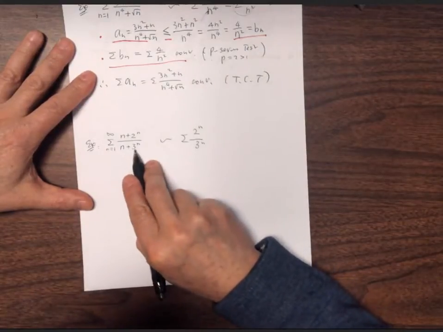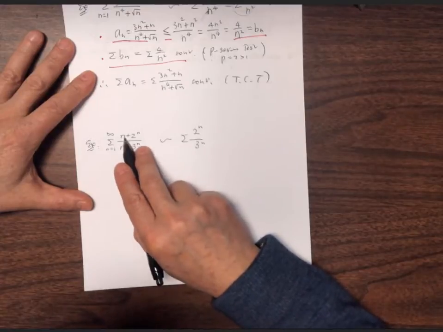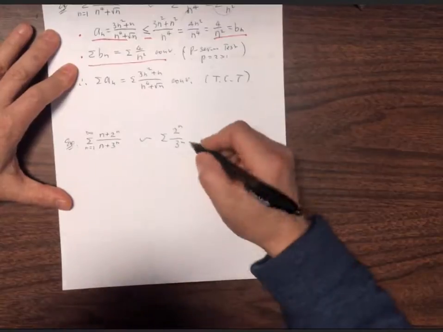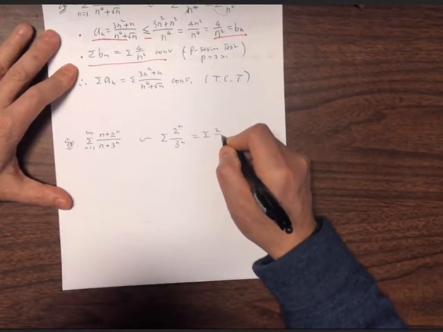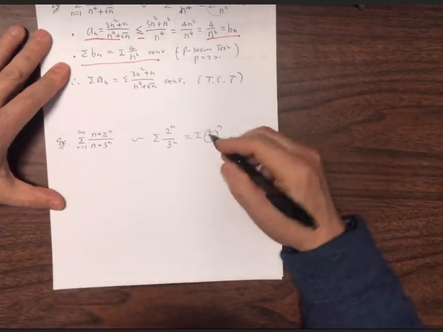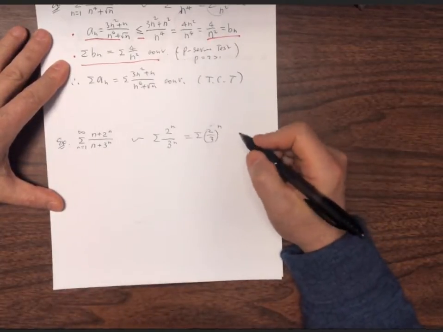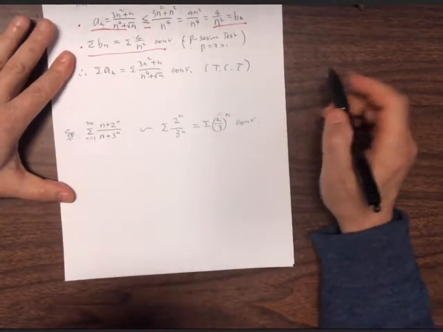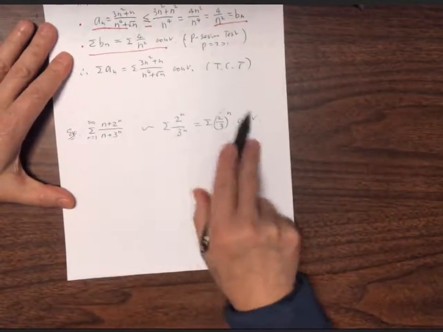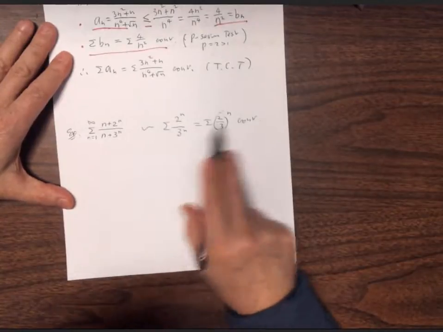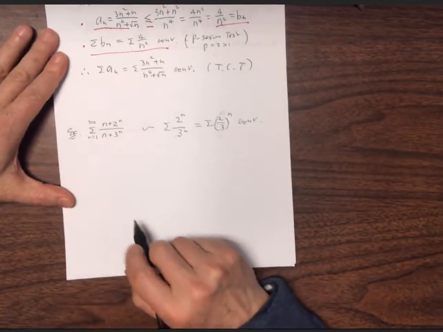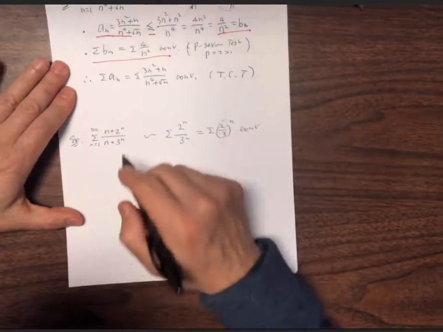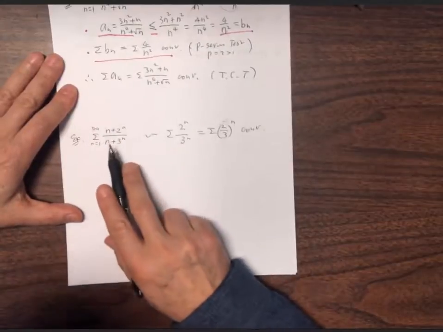N is lower order compared to exponential, n is lower order compared to exponential. So the simplified version of that is basically a geometric series. Now this is like r. It's less than 1, so we know it converges. Notice, we're just estimating so far. This is not our Bn. Now, from our estimate, we know this will probably converge.